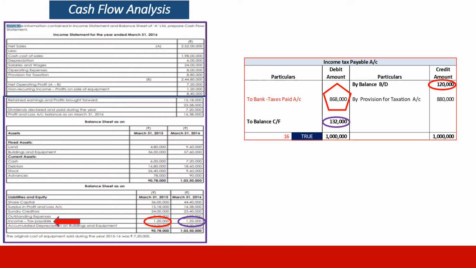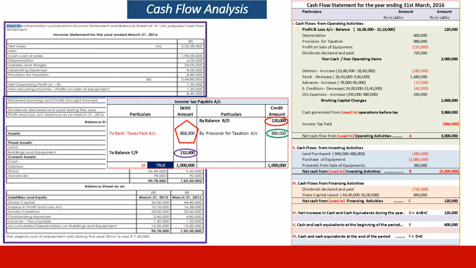Closing balance is 1,32,000. And as per the details given from the profit and loss account, the provision made during the year is 8,80,000. The differential figure is the cash flow, meaning we have paid taxes to the extent of 8,68,000. You can have this ledger account. Based on this, you can make an entry of 8,68,000 as income tax paid.